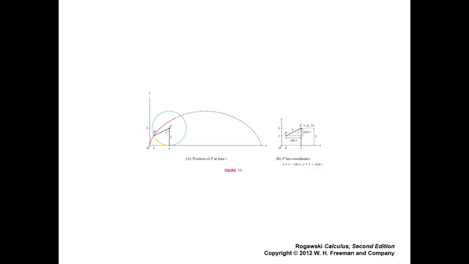This would be 1 minus cosine t, and we know that 1 minus cosine t varies up and down like this. So every time it hits 0, the first derivative of x of t would be 0, and at those places your dy dx would not be defined.